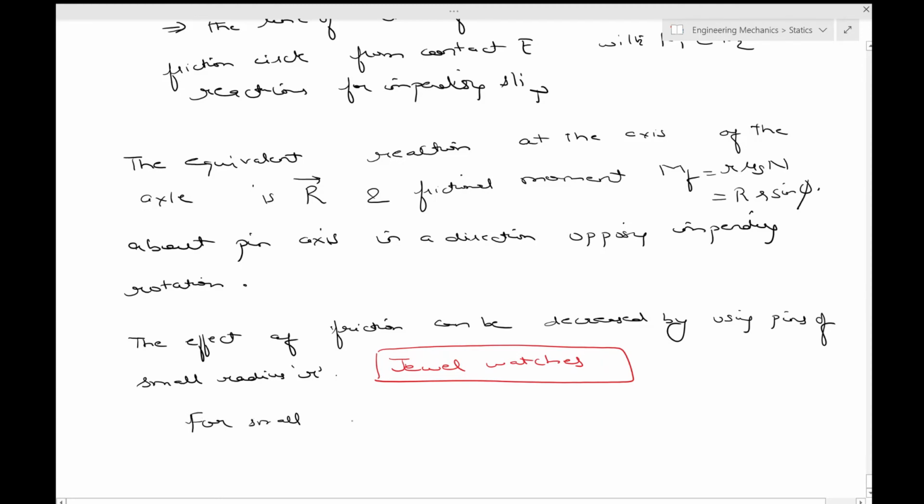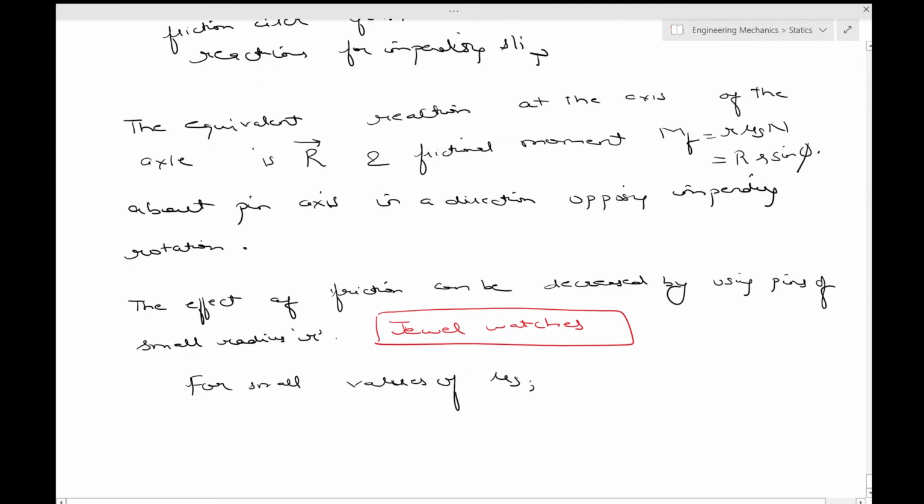So for small values of mu s, you can say that MF is equal to r sine phi, since this can be written as tan phi or r mu s.